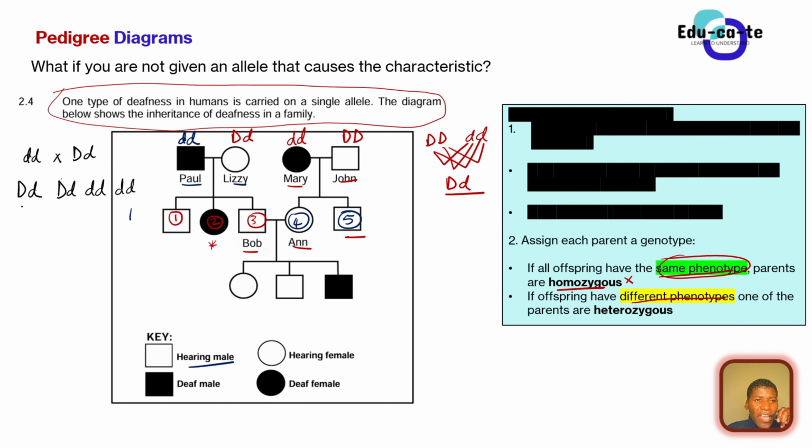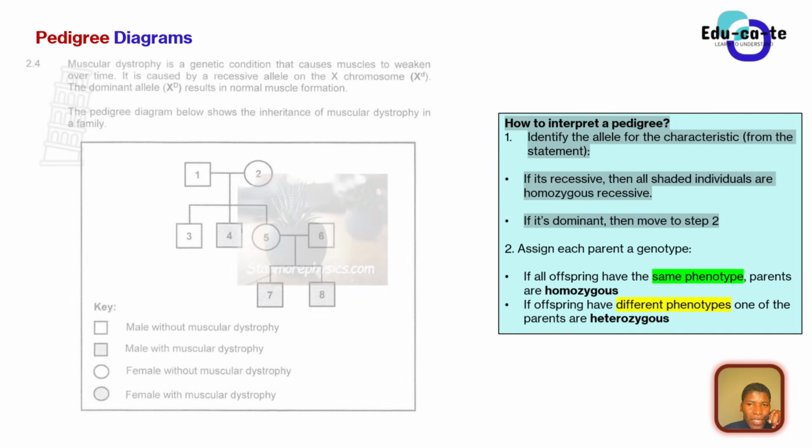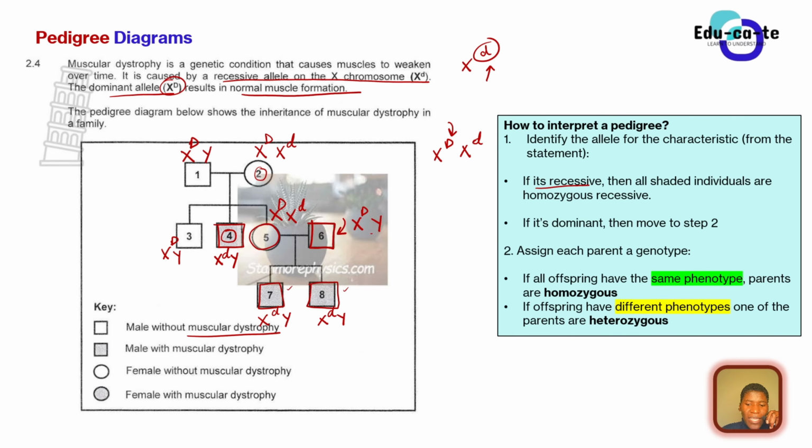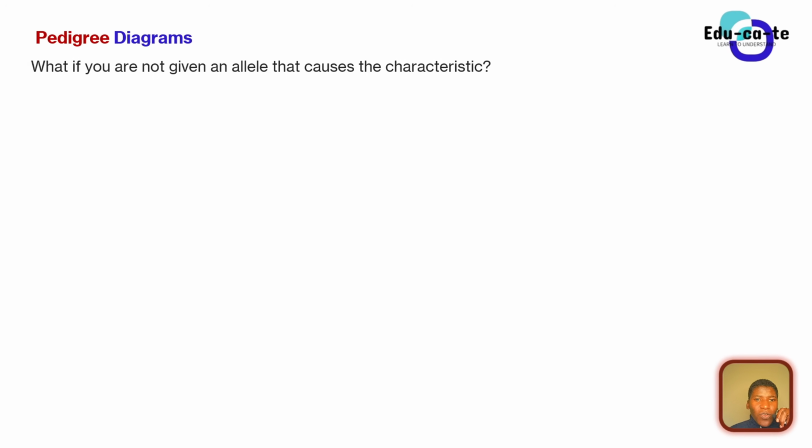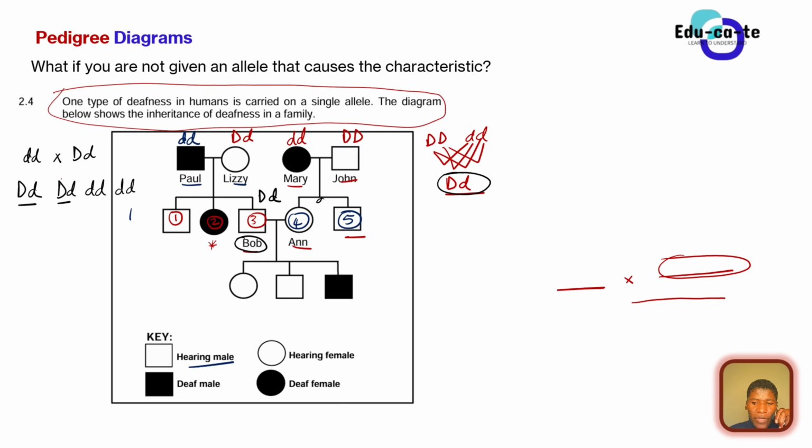So here, for all the normal possibilities, Bob is normal, but he has to be normal in a heterozygous condition. Anne is normal, but she can only be normal in the heterozygous condition. So in this sense, what are we trying to say?